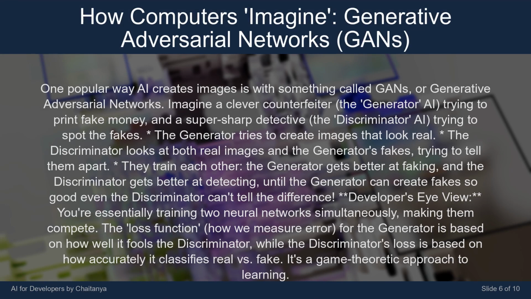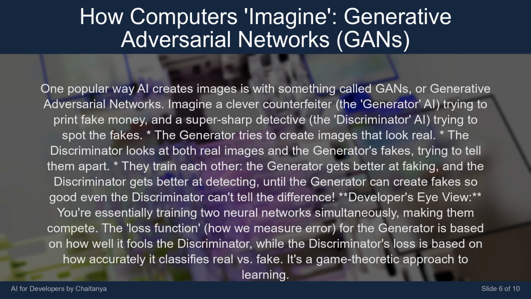One popular way AI creates images is with something called GANs, or generative adversarial networks. Imagine a clever counterfeiter, the generator AI, trying to print fake money, and a super sharp detective, the discriminator AI, trying to spot the fakes. The generator tries to create images that look real.